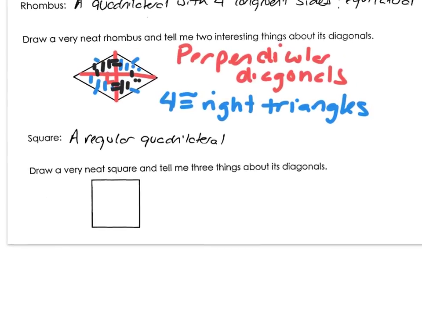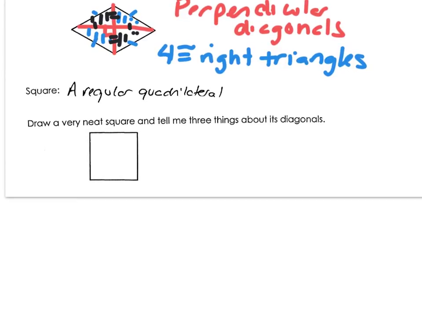All right, let's move on to a square. Let's draw the diagonals of a square as neatly as we can. What we know about a square, if you haven't figured it out already, is that a square is a combo of a rhombus, where the sides are congruent, and of a rectangle, meaning all of the angles are right.